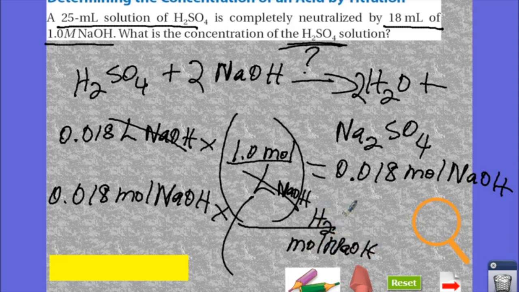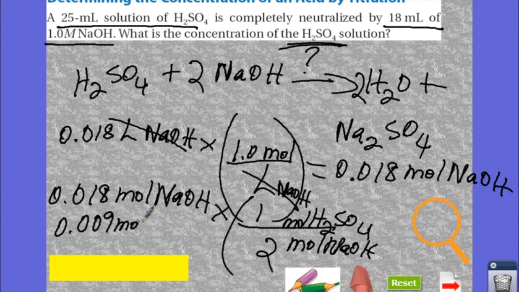Use a conversion factor. This is moles NaOH to moles H2SO4. I use the coefficient from the balanced equation. So it is 1 mole of H2SO4 for every 2 moles of NaOH.